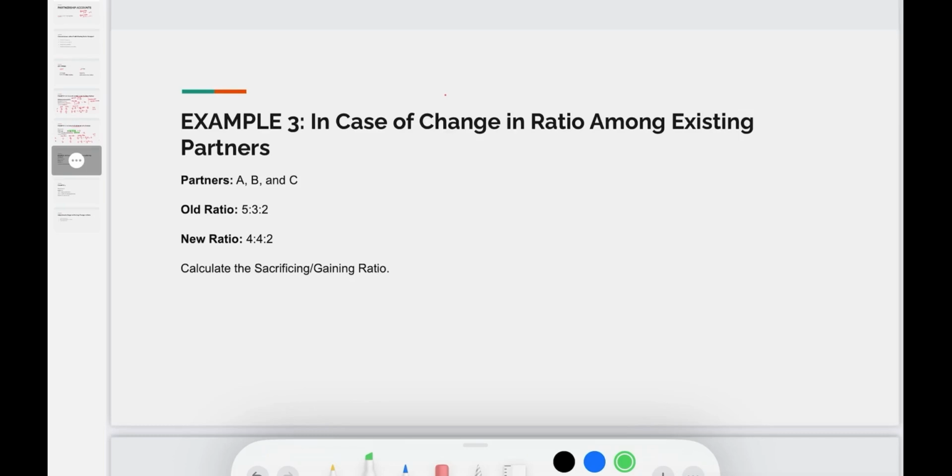So if we convert this first into fractions, we will get for A it is 5 by 10, for B it is 3 by 10, for C it is 2 by 10. Accordingly, in the new ratio for A it is 4 by 10, for B it is 4 by 10 again, for C it is 2 by 10.